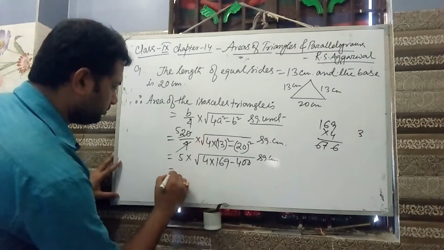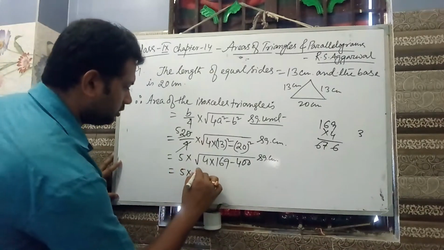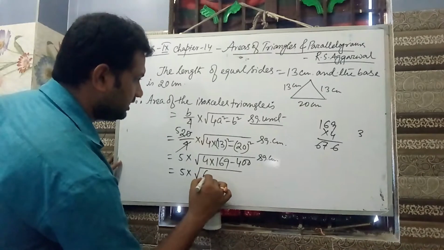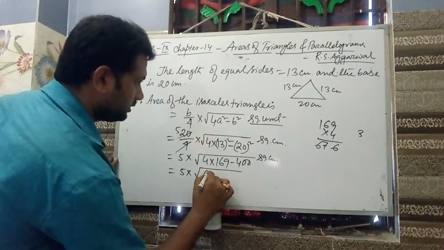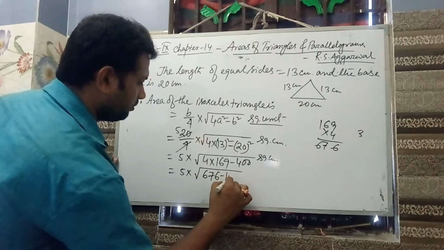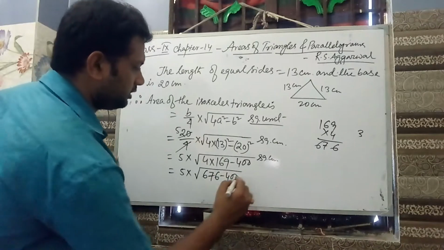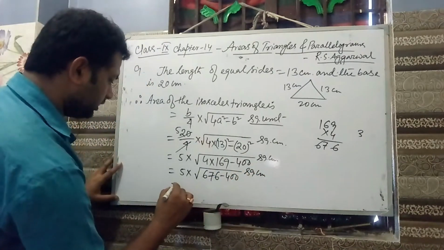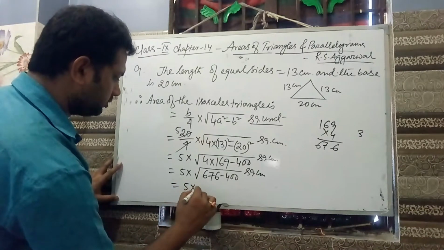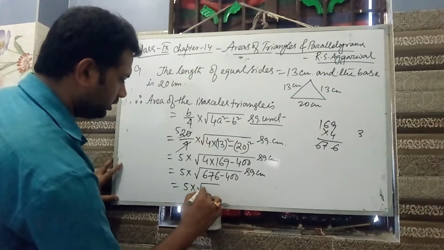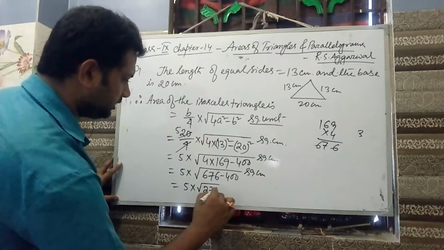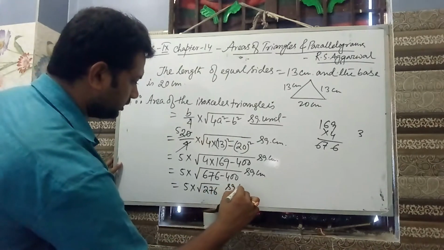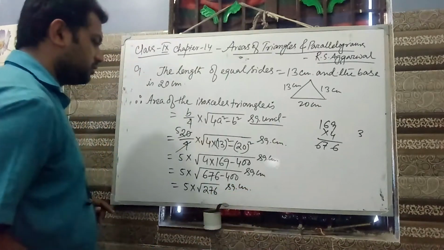So this will become 5 into square root of 676 minus 400 square centimeter. That is 5 into root over 276 square centimeter. Okay.